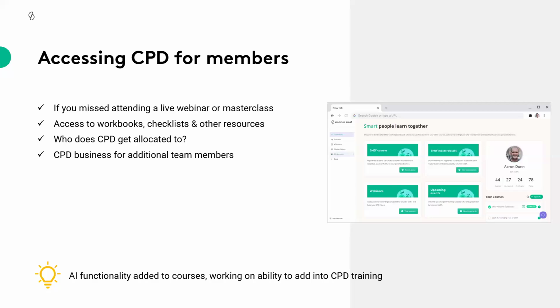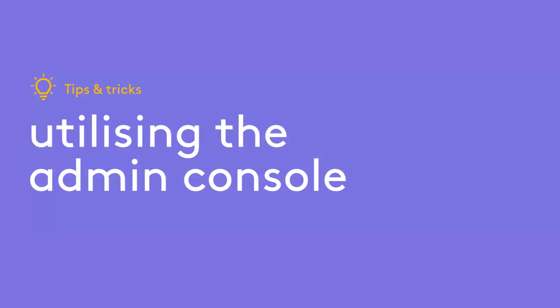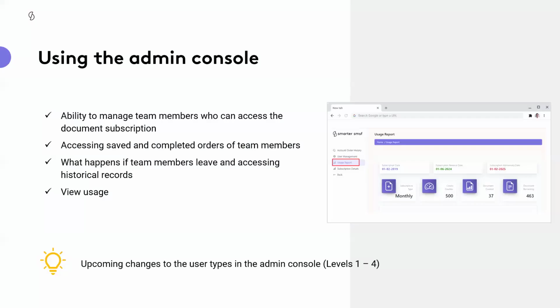Yeah, absolutely. Well, that leads us into a good point, because this is now looking at the functionality of our admin console. This has been growing in importance and, most importantly, growing in use with a number of members, where the admin console is designed for you to be able to manage team members as to who has access to what.